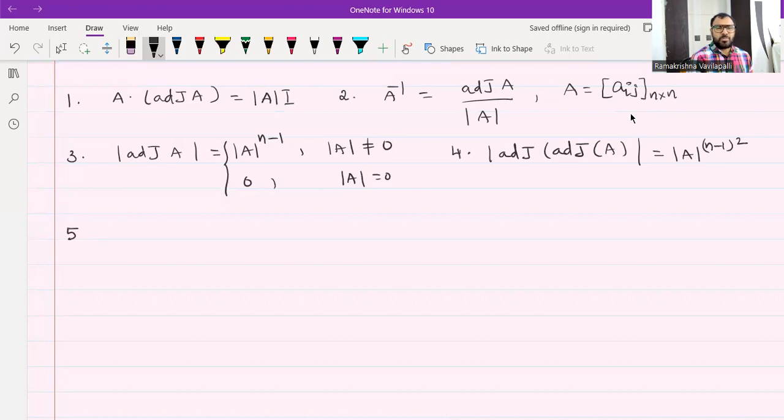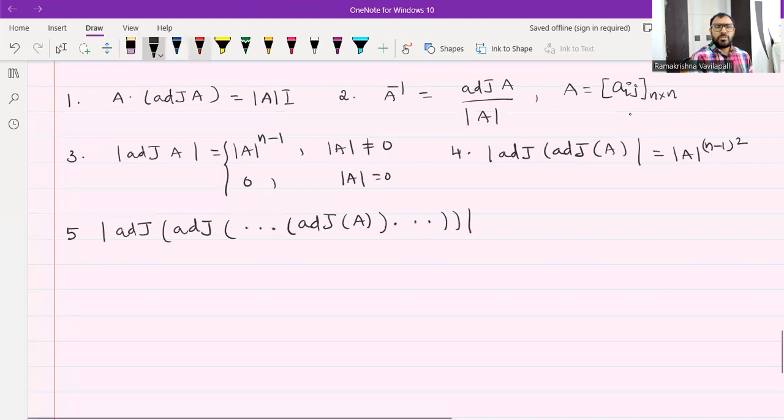Fifth one, suppose there are 3 adjoints, which means adjoint of adjoint of adjoint of A, and so on. Suppose I take K adjoints, where the adjoint repeats K times.